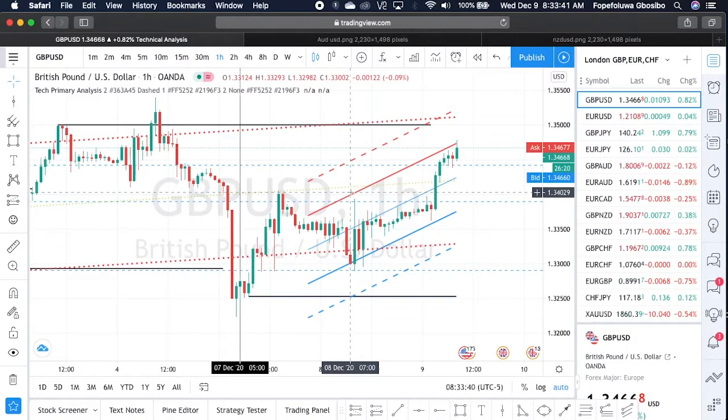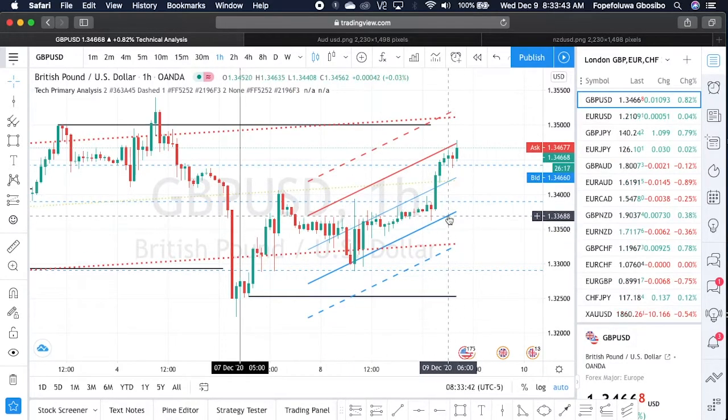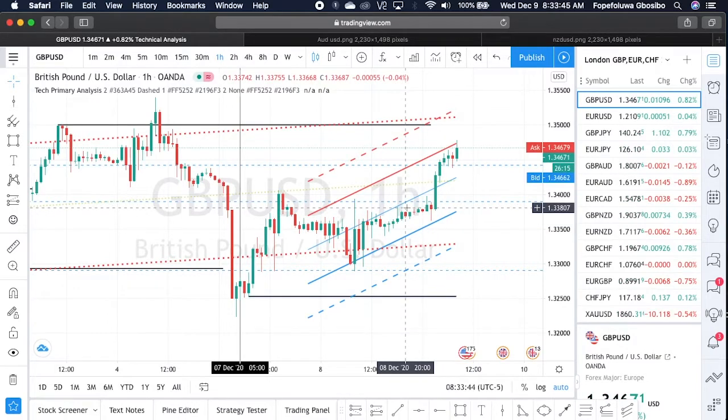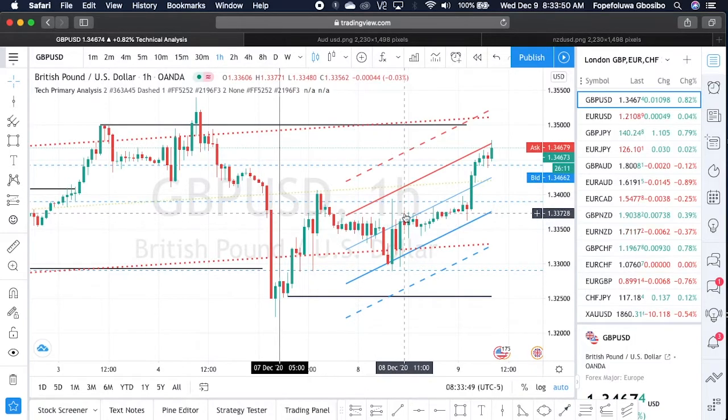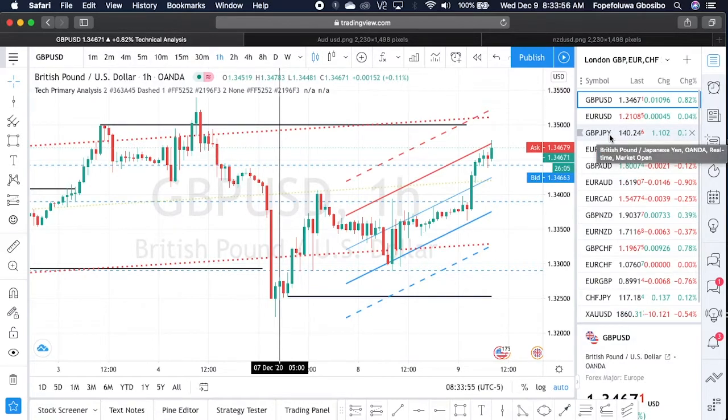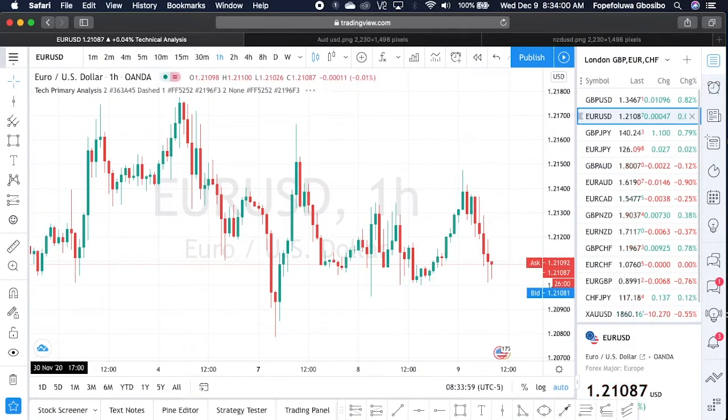You also need to set, I'll show you how to set a rejection alert to know when to get out of a trade. But currently, this is a good trade for looking for rejection. That's how trades following the trend work.